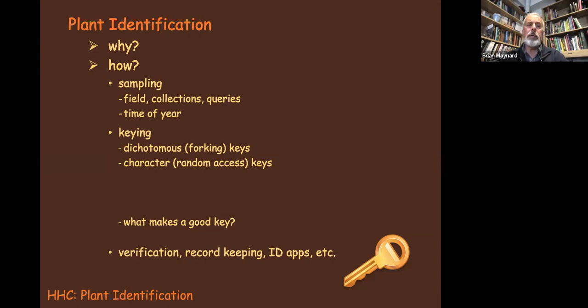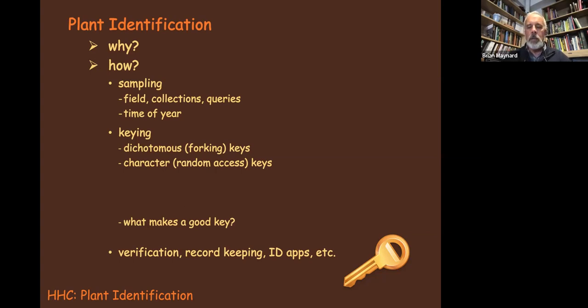The time of year is really important because often plant identification, as you'll see, involves seeing particular parts of a plant, like the flowers or the fruit or the leaves. So we have to be able to look at these plants at a time of year when those parts are available. So identifying plants may involve going back several times during the year to find plants in different stages of growth.